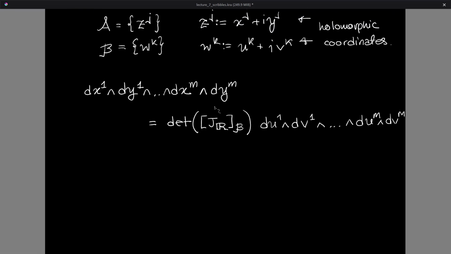So this is the coordinate transformation; we'll need to multiply by the determinant of the coordinate transformation between the uv coordinates and the xy coordinates. We need to show that this is a positive real number, or an element of R plus.